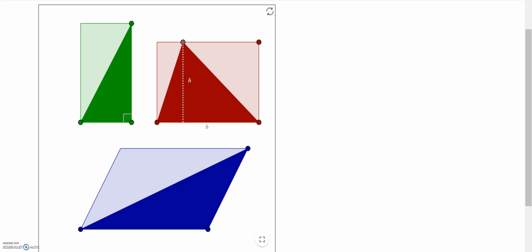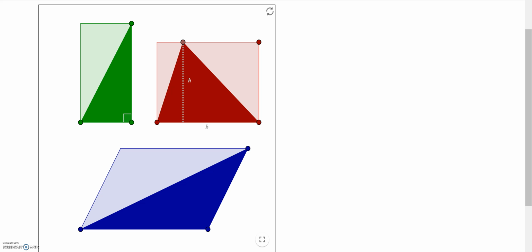A right triangle is cut out of a rectangle, or a square, and if it's a square, it would be equilateral. This is an acute triangle cut out of a rectangle, and this is an obtuse triangle cut out of a parallelogram. So you can see that triangles are always 1/2 of some type of parallelogram. That's why they're always 1/2 base times height.